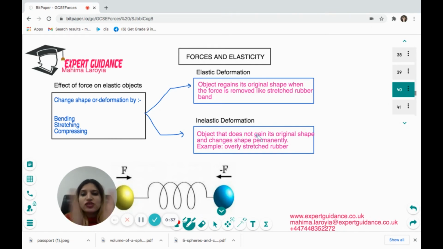So when the force is removed, the object regains its original shape. That kind of deformation is known as elastic deformation. And inelastic deformation is when the object does not regain its original shape and changes shape permanently after the force is applied. Example, an overly stretched limit.